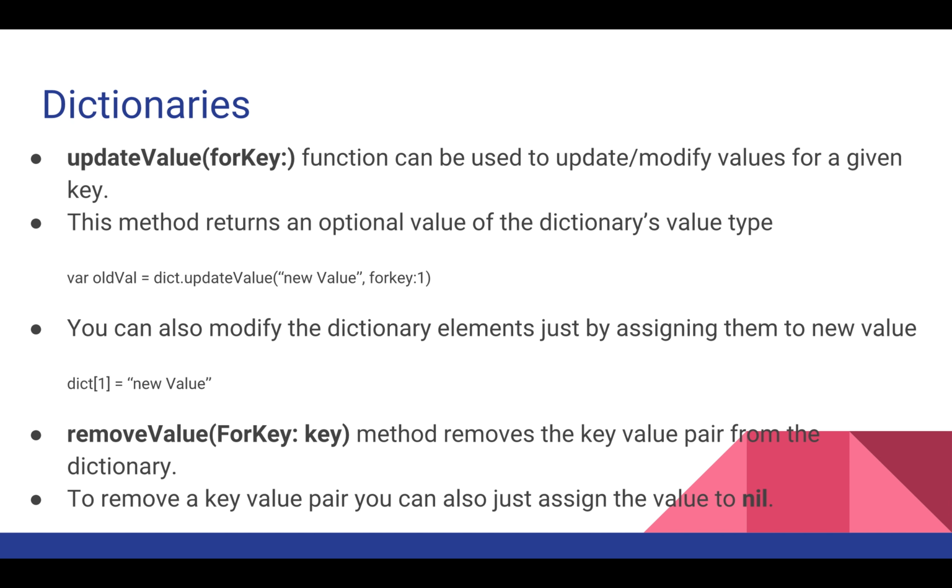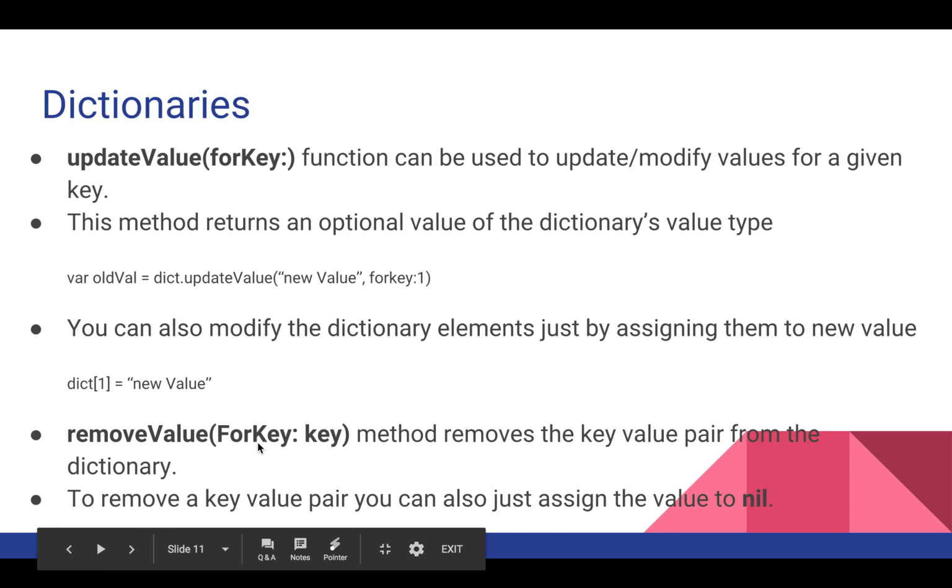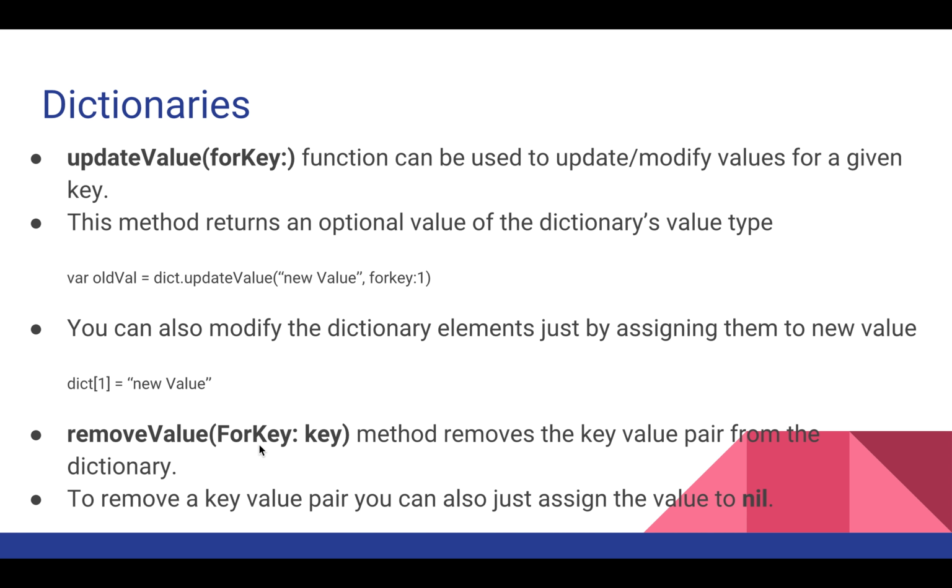You can use the removeValue forKey method to remove a key value pair from a dictionary. This method removes the key value pair if it exists and returns the removed value. Otherwise, it returns nil if there was no matching key in the dictionary. You can also remove a key value pair by just assigning nil for that specific key.